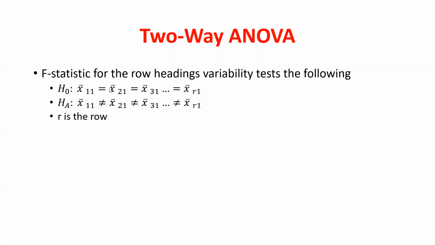So this would be like, if I could hold constant the car company, if that was my column headings, is there variation across the types of automobiles in the average miles per gallon, right? So I assume that there isn't, that there is no variability, that they're all the same, and I'm testing for whether or not there is some difference.